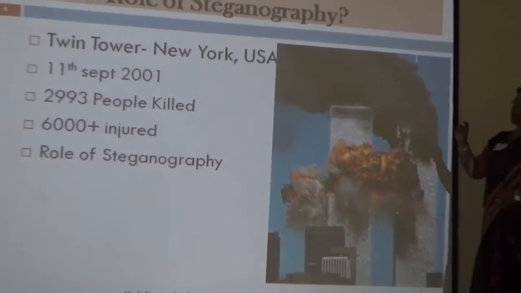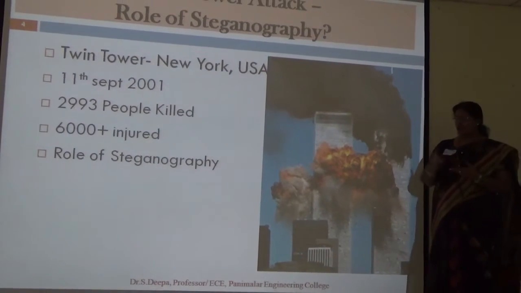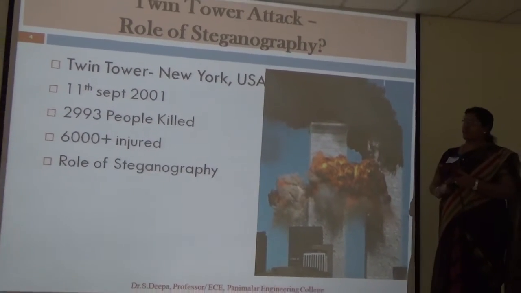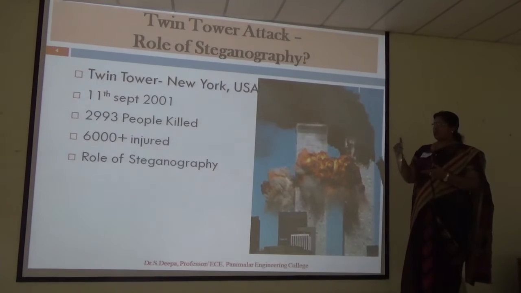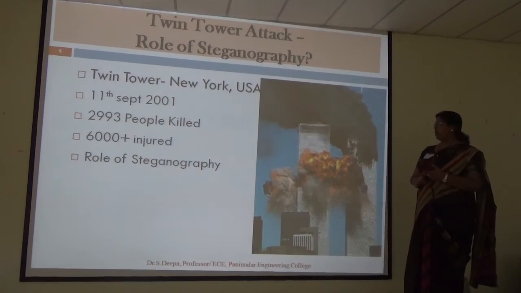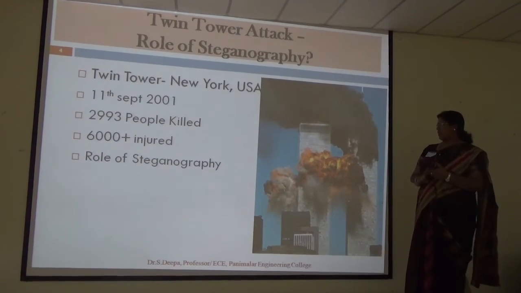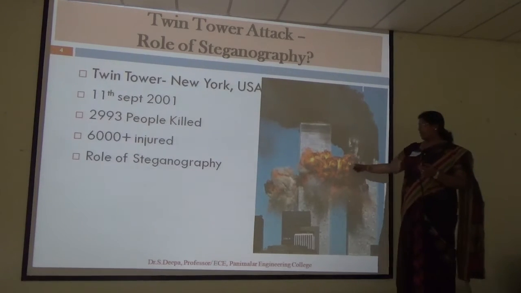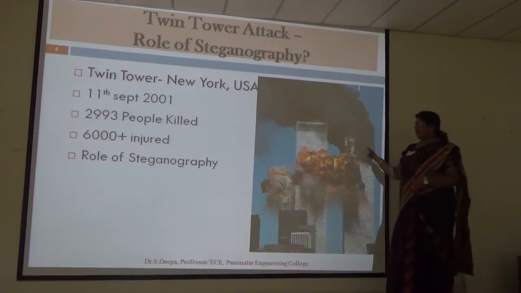A second example where steganography was said to be used is in the Twin Towers. We know that on 11 September 2001, the Twin Towers in the USA were attacked by a group of terrorists. This is an image showing the attack.